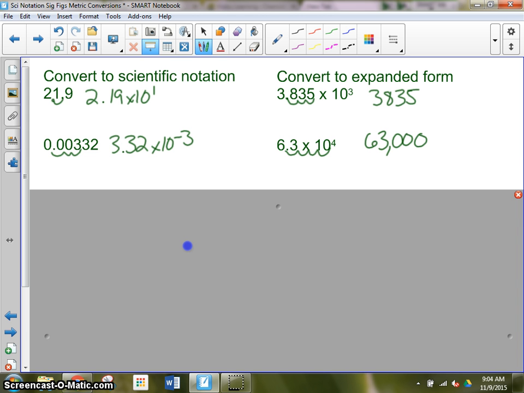When converting back to the original numbers, you just have to move the decimal to make sure that you get a bigger number or a smaller number.